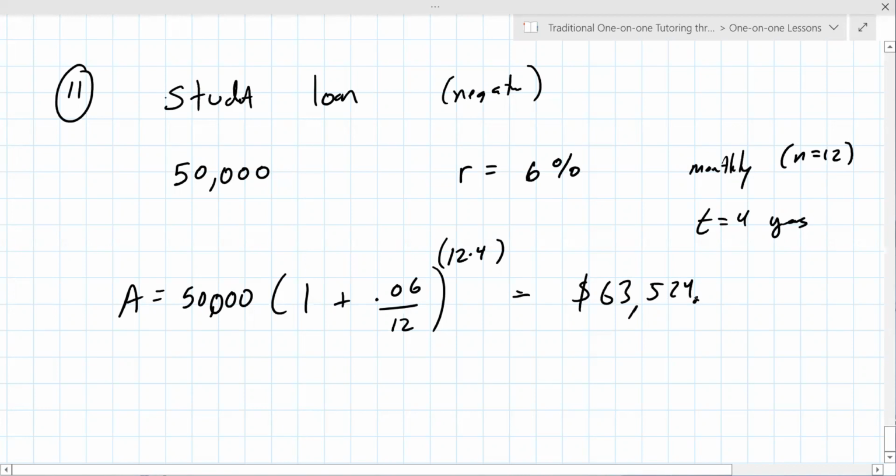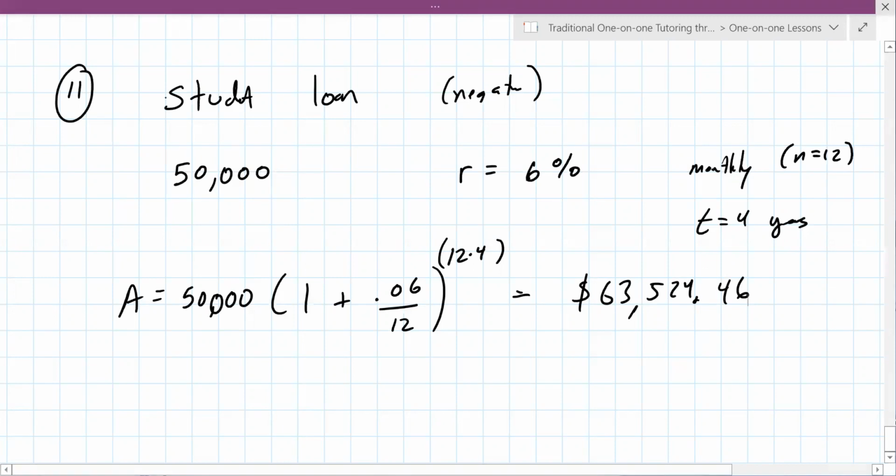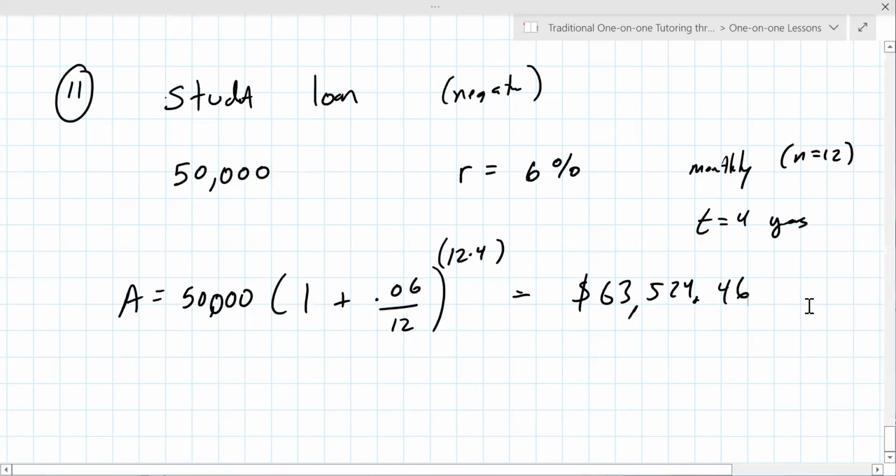Well, how many cents again? 46 cents. Okay. So the idea here is that you need the money now, and you would owe this much later. If you truly needed the money, and you were for sure going to have a job upon graduating that you knew you could pay this back, I'm not in favor of loans, but that is the reality of the world we live in. The person loaning you the money wants a return.